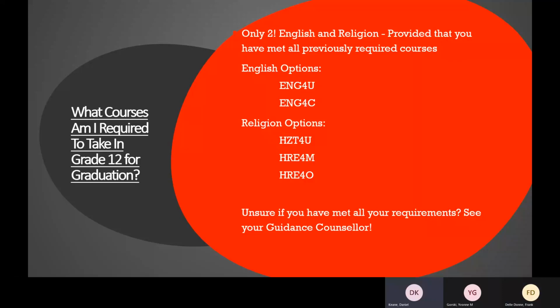The 4M course can be used for consideration to a university program and is presented in a more academic level than the 4O, with more independent work and more research. The HRE 4O is best suited for students who plan to pursue college and apprenticeships or the world of work. Again, if you're unsure which is right for you, please make a guidance appointment.